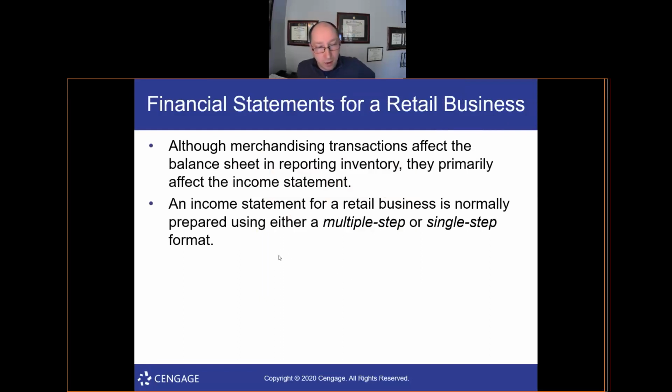Financial statements. As we talked about earlier in this chapter, we talked about the income statement for a retailer. Instead of fees earned, we have sales. We have cost of goods sold. Sales minus cost of goods sold equals gross profit minus operating expenses equals operating income.